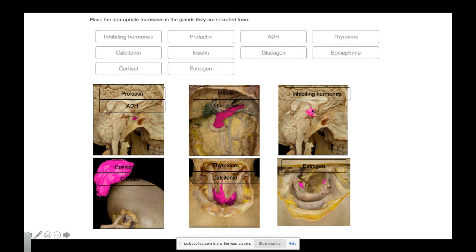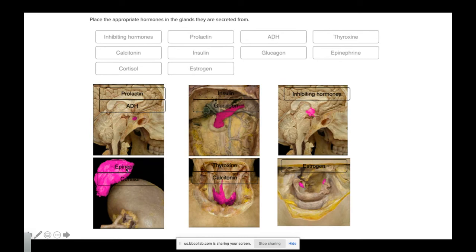Here's the hypothalamus. The hypothalamus can secrete releasing hormones or inhibiting hormones, like thyroid releasing hormone, TRH.